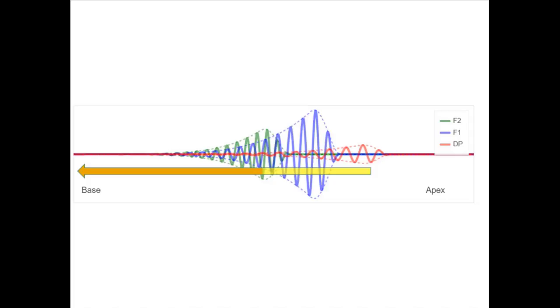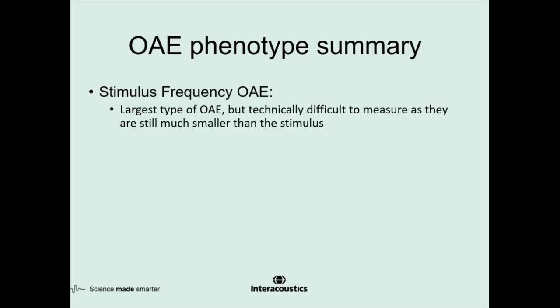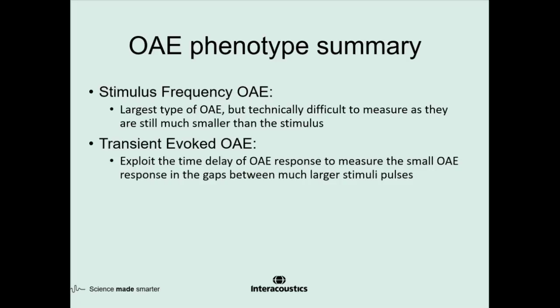So to summarize, we've got 3 different types of emissions, and the stimulus frequency emission is the largest. However, it's not very easy to make a clinically robust test to detect that. So what we use is gaps between the stimuli in order to measure a stimulus frequency response, and that is the transient emission.